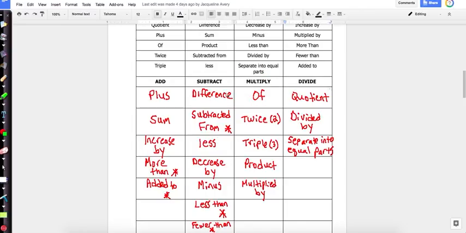So all of these words will be written the way you see them, except for the starred ones. Notice if I say 5 subtracted from your age, okay, most of you are 11, 12, or 13. So if I said 5 subtracted from your age, you wouldn't do 5 minus your age, you would do your age minus 5.